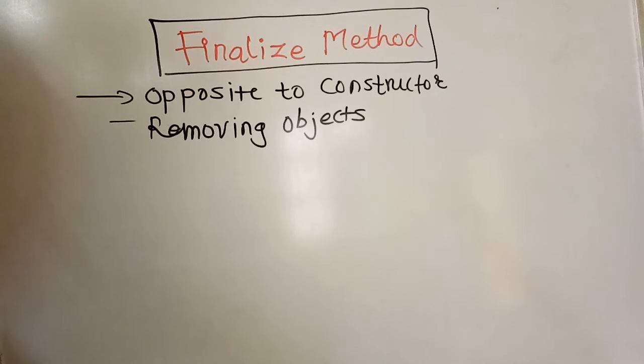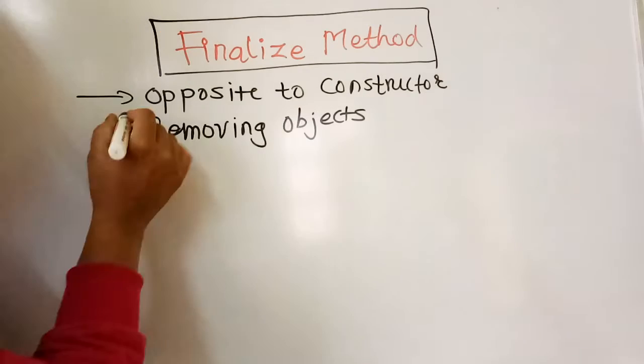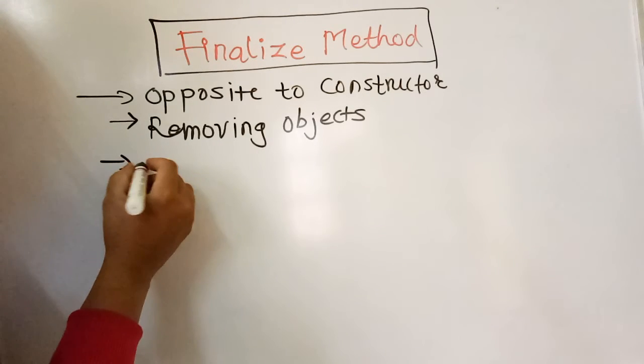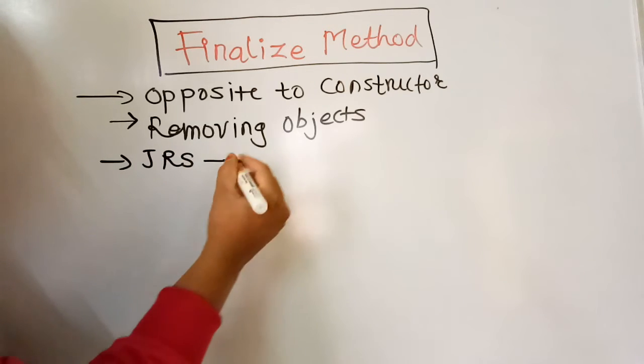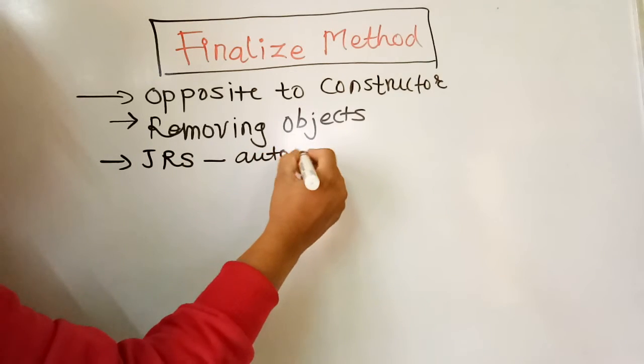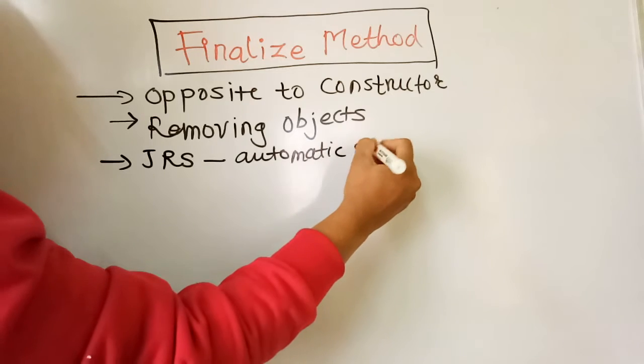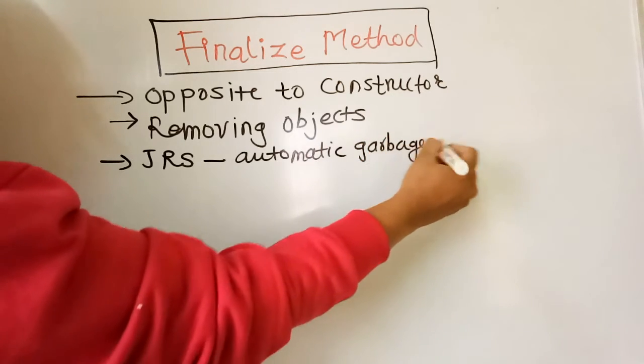Java runtime is an automatic garbage collection system. What does it mean? The Java runtime system has a mechanism of automatic garbage collection.